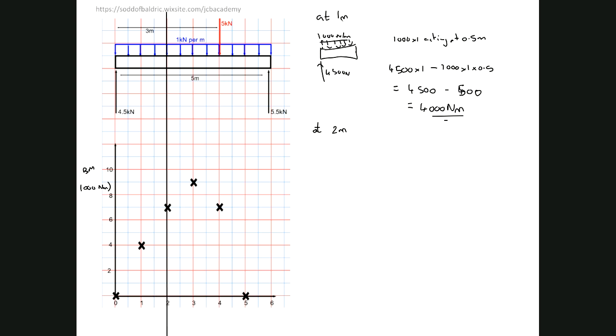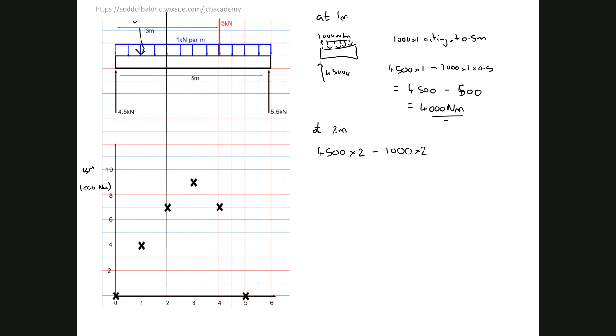Well, I've got 4,500 from my reaction force. That's now acting 2 meters away. And going clockwise, I've got 1,000 newtons per meter times the 2 meters it's acting, but now it acts in the middle of its action. It's going to act at the 1 meter point.